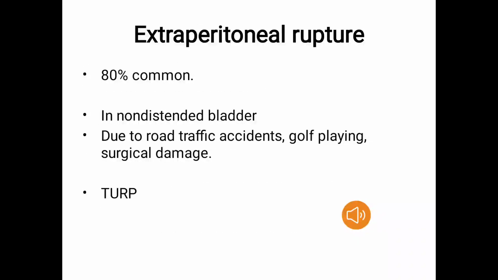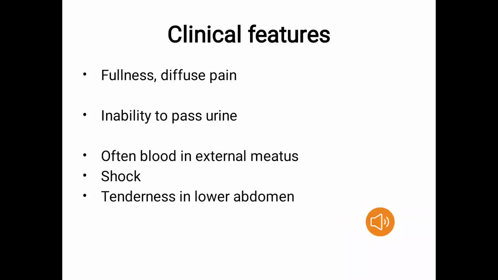Coming to extraperitoneal rupture of the bladder, it's 80%, and this happens when a person falls or has an accident with a non-distended bladder, and it is also seen during transurethral resection of the prostate. The clinical features are fullness of the lower abdomen, diffuse pain, and inability to pass urine.